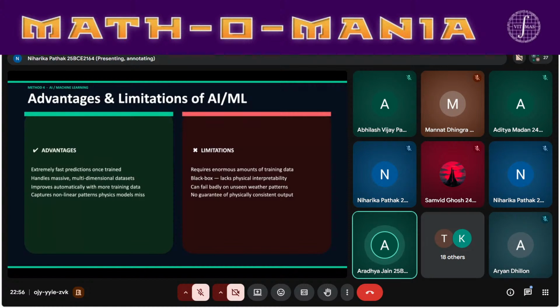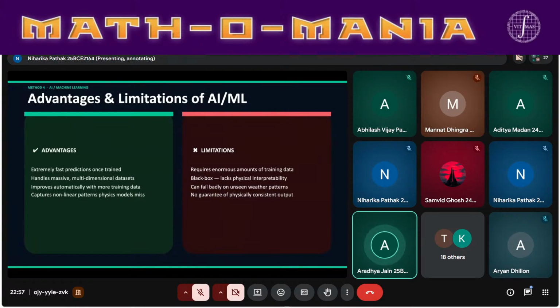Now, there are a lot of limitations to this method. Again, the first and most obvious one is that it requires an enormous amount of training data. If we are making a model which requires different kinds of equations and a lot of complex equations which we have calculated into simpler ones, yet there are a lot of them, then it requires an enormous amount of training data, because you still need to train it all from the previous data, right?